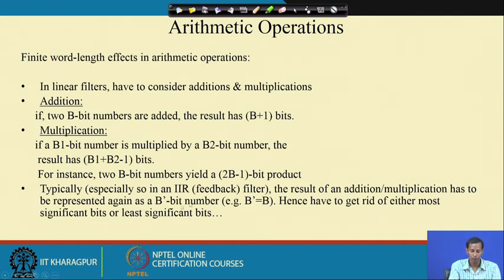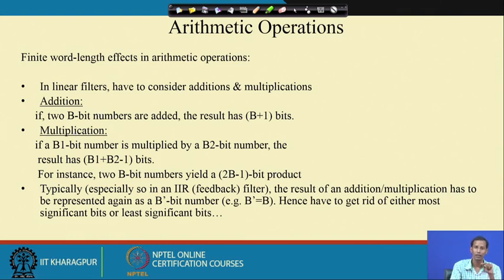What does this mean? In an IIR filter, when there is feedback, whatever error I gather in the arithmetic operation will run in a loop. That affects the overall performance of the filter, so I have to be more cautious while considering the word length for the multiplication as well as the addition operation.